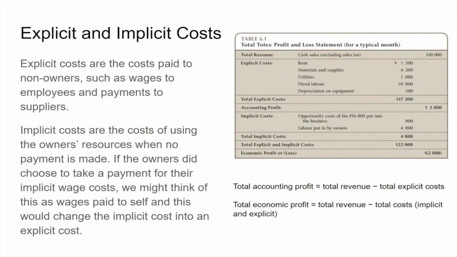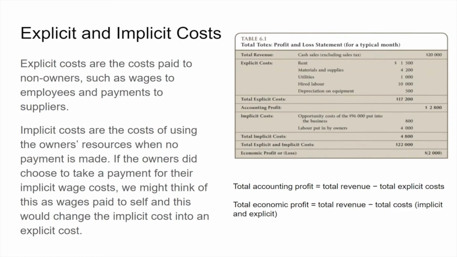It's a bit of a concept to get your head around, but it helps explain why, when we see successful small business owners, we say, my gosh, they're making a lot of money. They need to. In order to stay in the business, you have to make enough, not only for an accounting profit, you have to make enough to make it attractive for you to stay in the business, so that you don't want to go to the next available option.